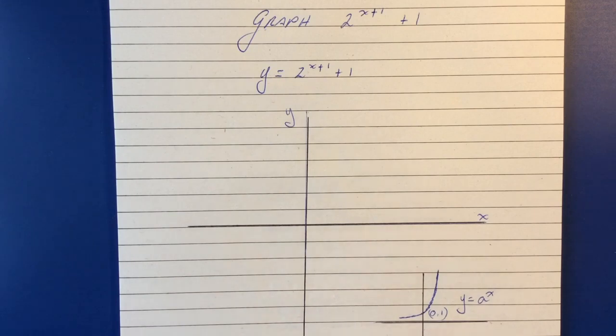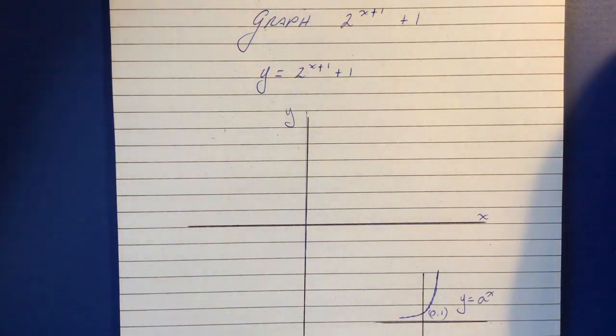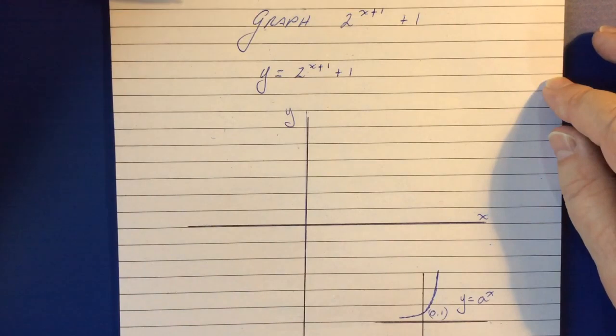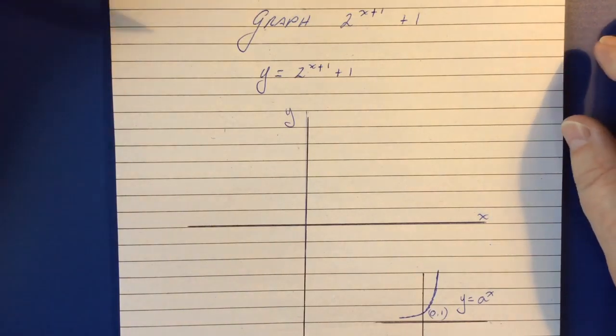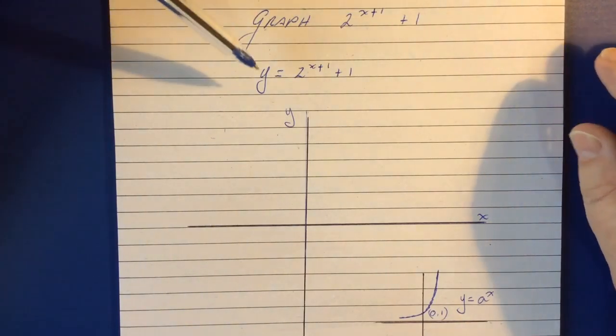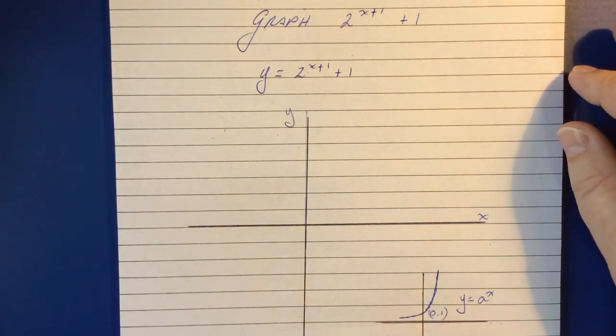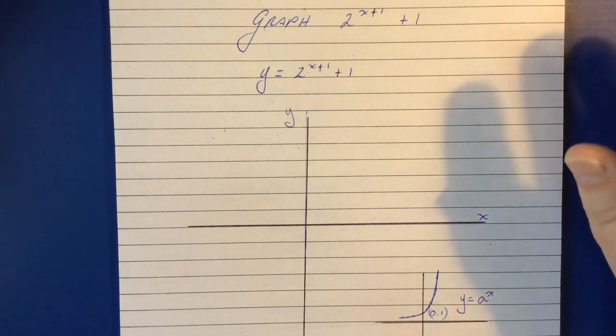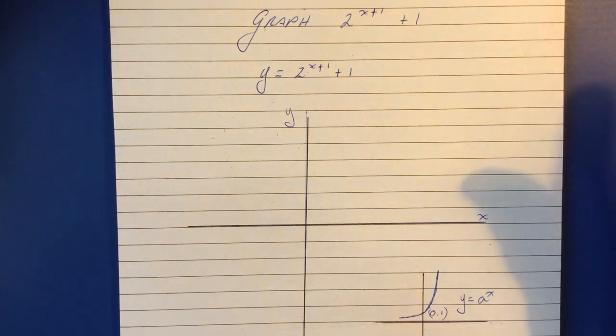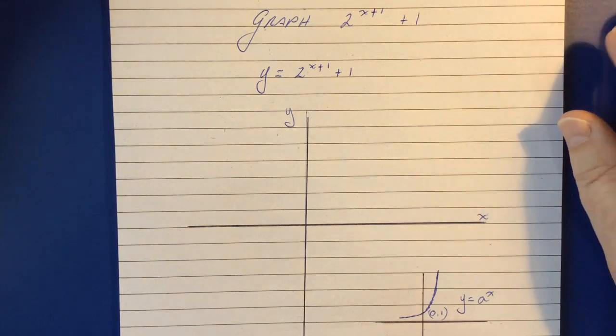Now, as I say, there's a video on the basics of this, and I thought it was about time that I did an exponential graph with a few little additives, as they say. So how I'm going to approach this is I'm going to use the method that I use when I have to graph a function and I don't know what shape the graph of that function takes.